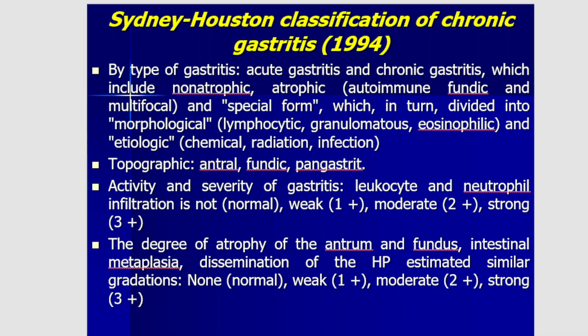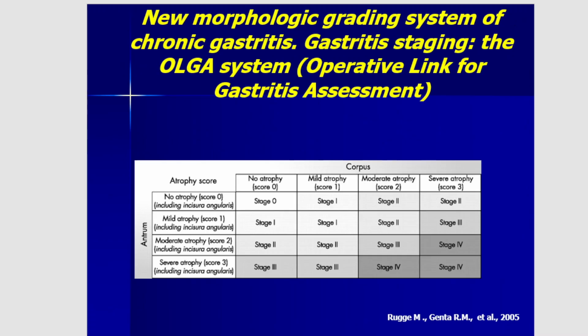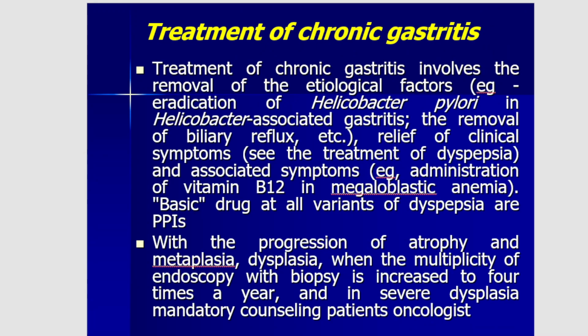Topographic: antral, fundal, and pangastritis. Activity and severity of gastritis. The degree of atrophy must be established. More comfortable for this is the morphological OLGA system.